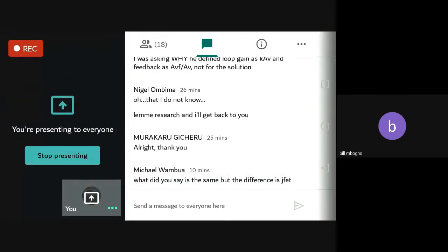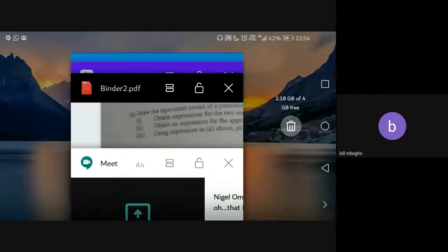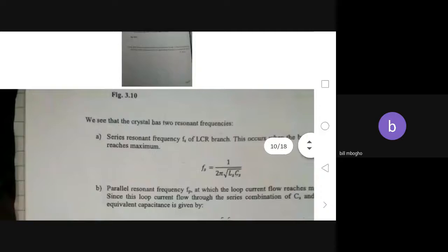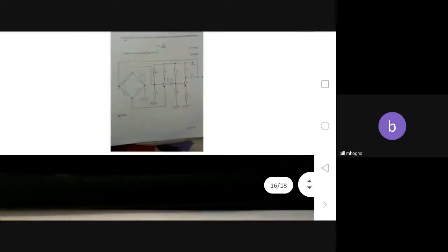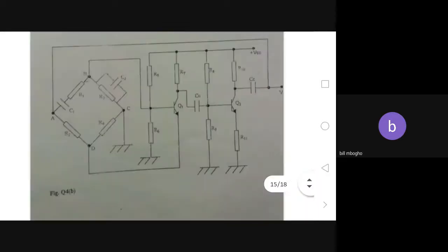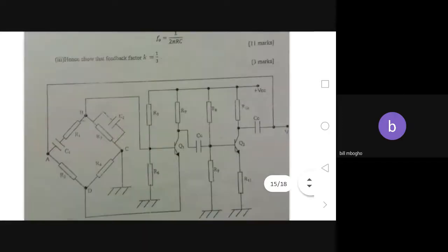Okay, so I'll continue with the last part which I was supposed to present, the Wien bridge. It's this one. So I think this is one of the questions he had left for us the time we had an online class.